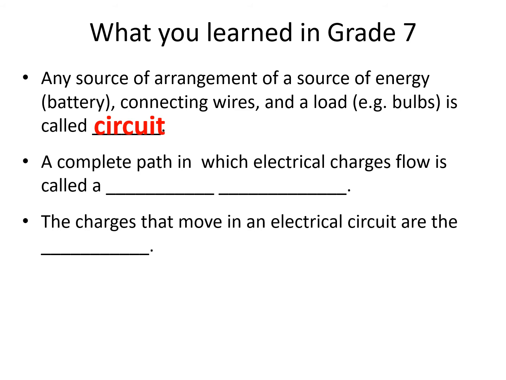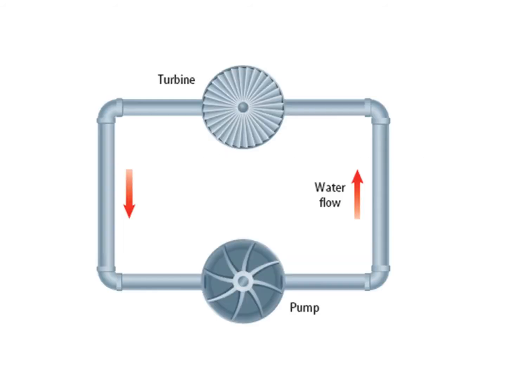A complete path in which electrical charges flow is called a closed circuit. The charges that flow in an electrical circuit are the electrons. I hope you got 3 out of 3 in our recall from your grade 7 science.